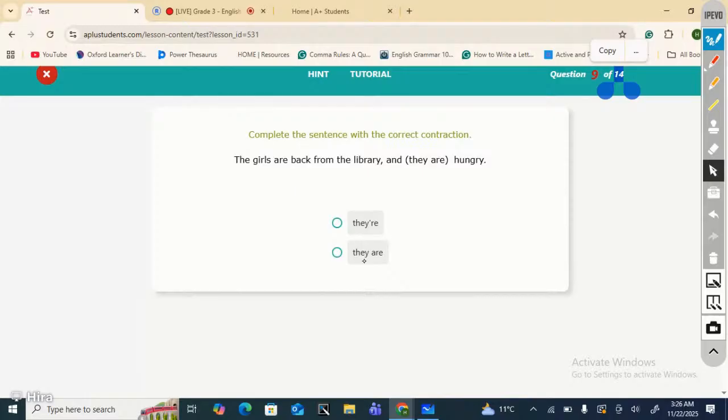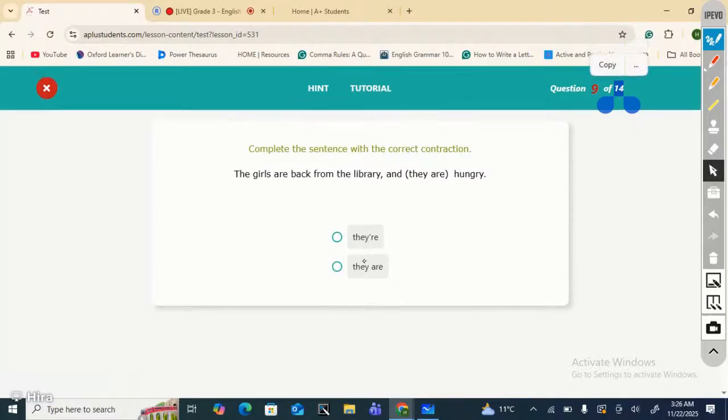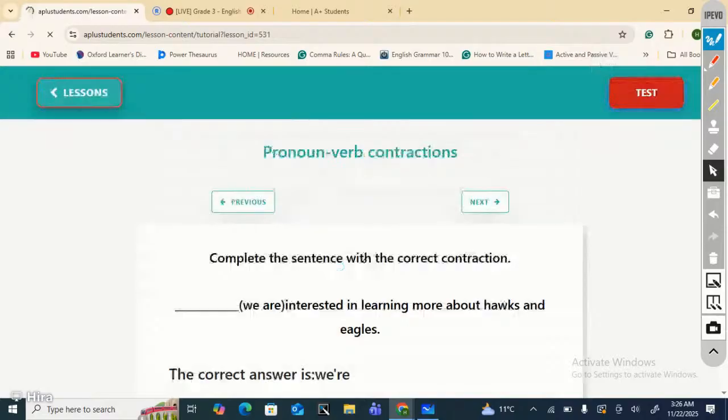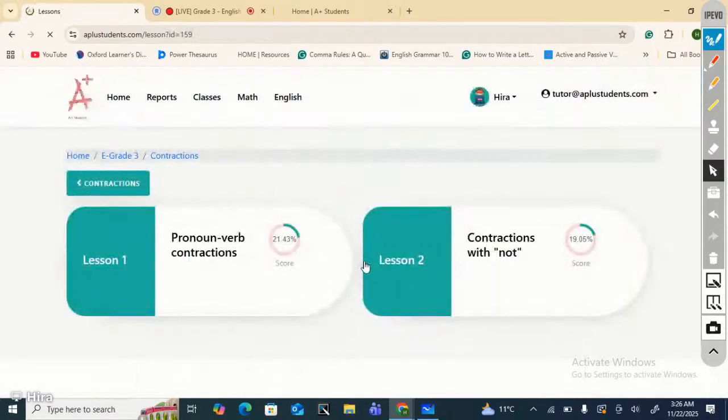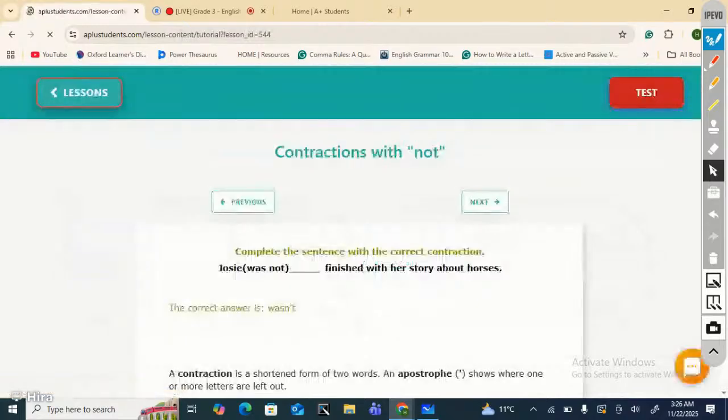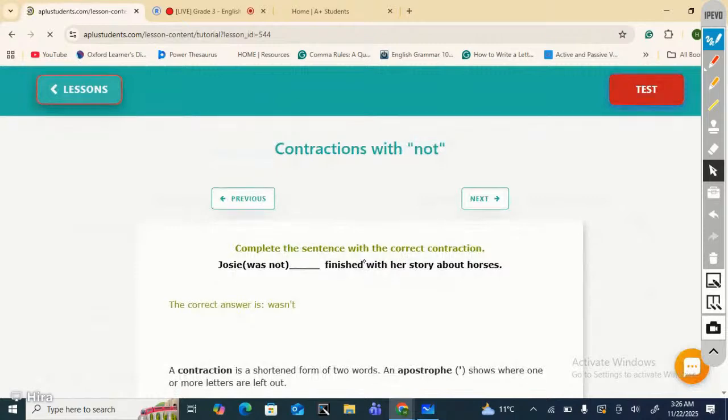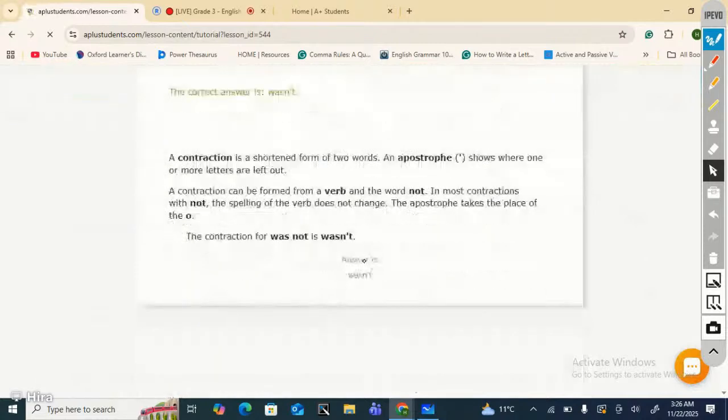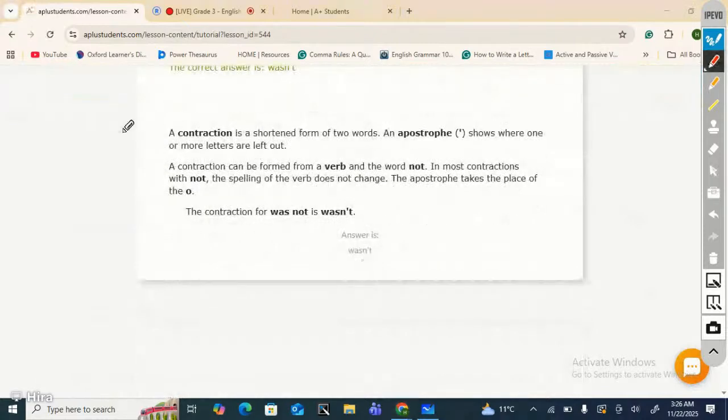Okay, guys, we have discussed the first lesson. Now we have to discuss the second lesson of this chapter, contractions. In the second lesson, we will learn about contractions with the word not. We know that a contraction is a short form of two words.